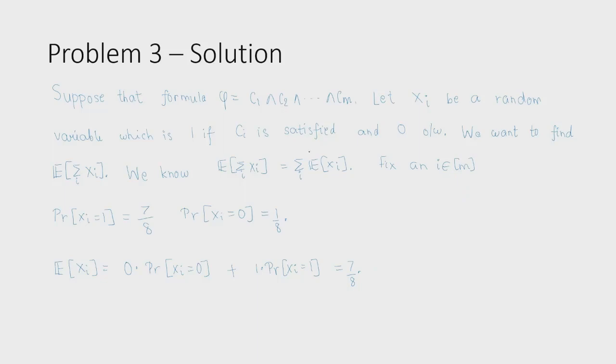Therefore, the sum is the expected number of clauses satisfied, and since we are interested in the fraction of clauses satisfied in expectation, we divide by the number of clauses and get 7 over 8.